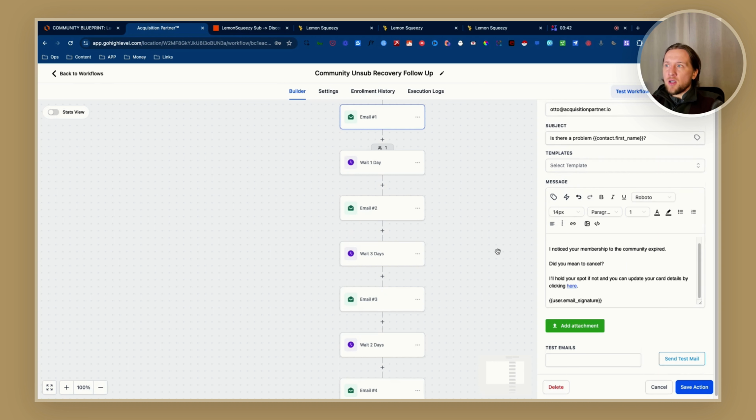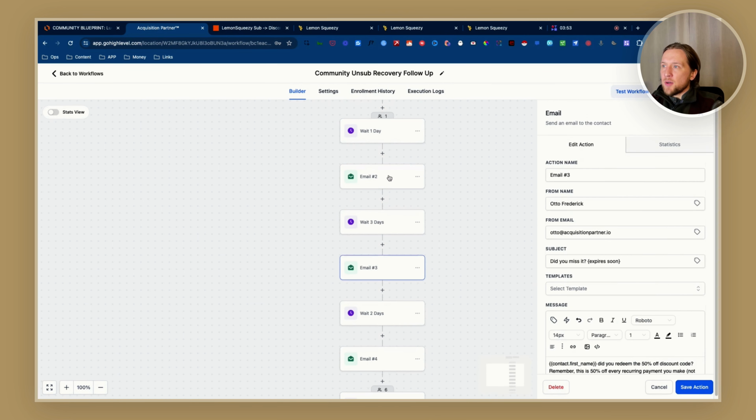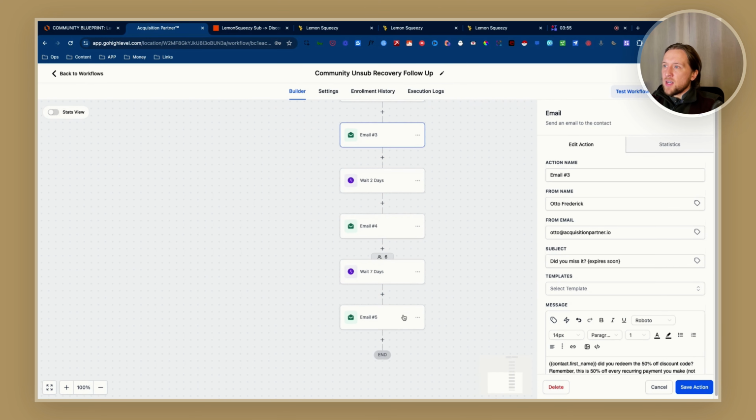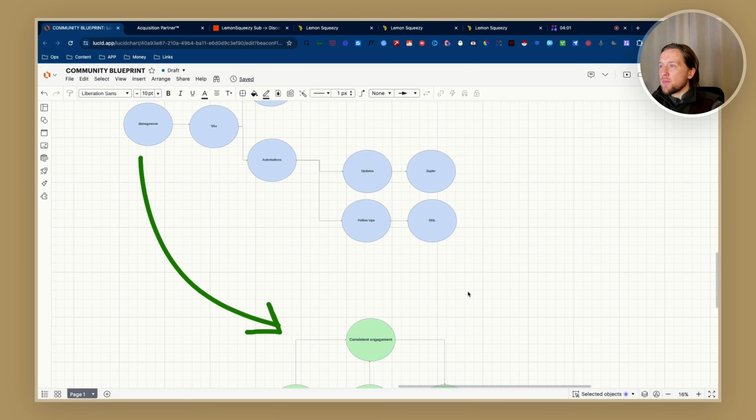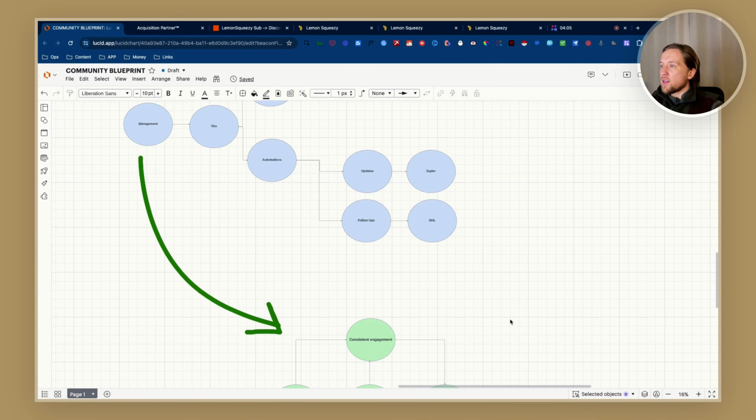Maybe it was an error, maybe it was a mistake, whatever it might be. Maybe they've changed cards. We give them the opportunity to update their billing details. We then hit them with the discount codes. And we do this over a period of a few days or weeks, just in order to remind those individuals of why they joined the community in the first place. Okay, so these follow-ups I'll link in this guide here.